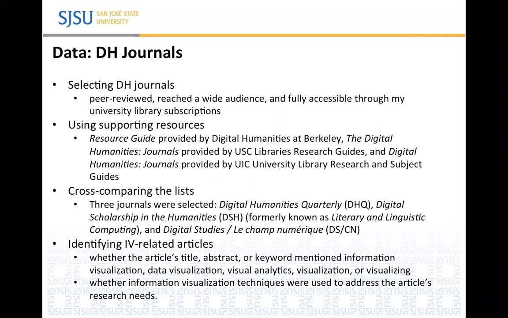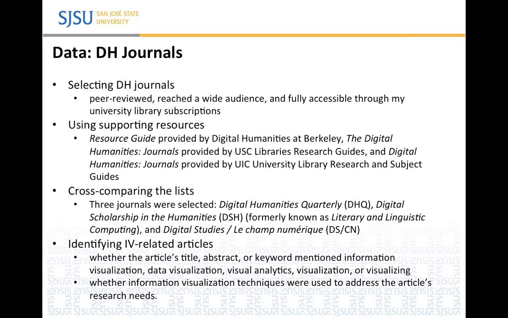So to determine the information visualization skills that are in demand for academic librarians in support of digital humanities research, I start with the content analysis of 5 years of recognized journals in the digital humanities field. Identifying and selecting representative journals was no easy task, and our goal here was to identify journals that were well recognized in the digital humanities field, were peer-reviewed, reach a wide audience, and were fully accessible through the SJSU King Library subscriptions.